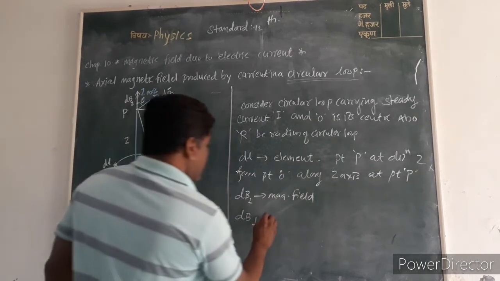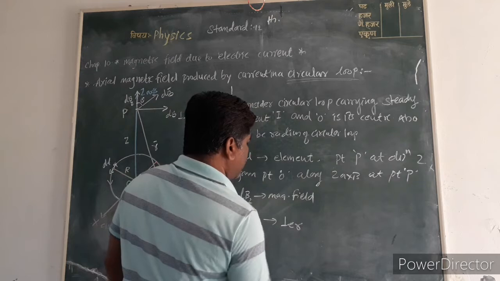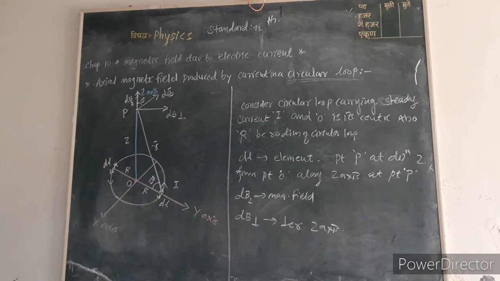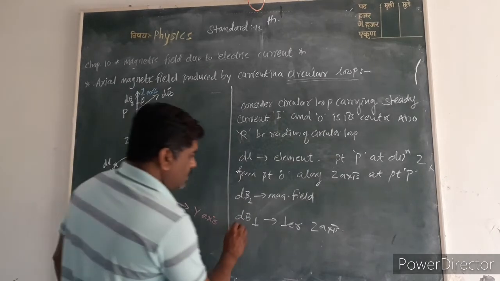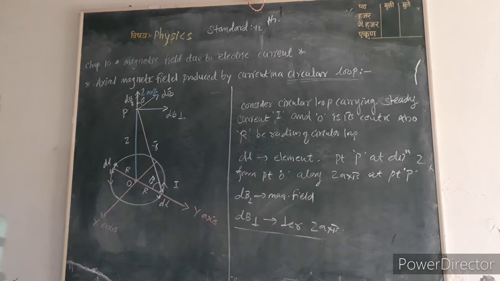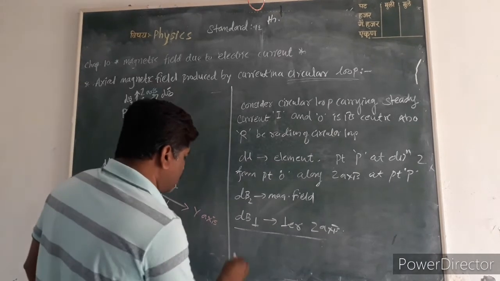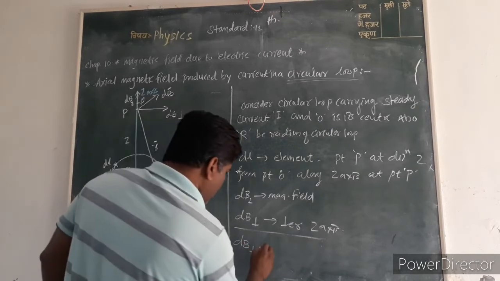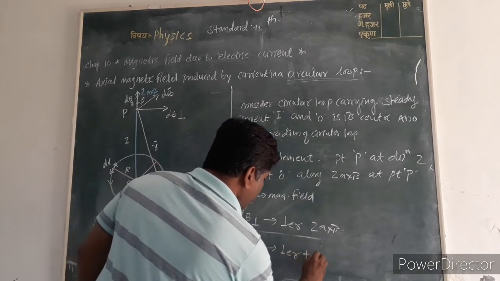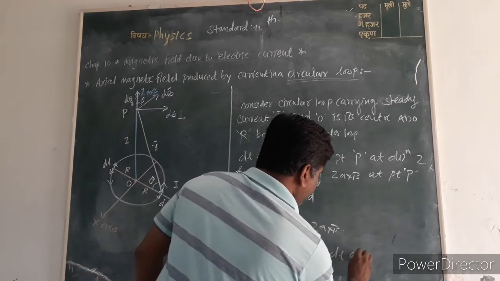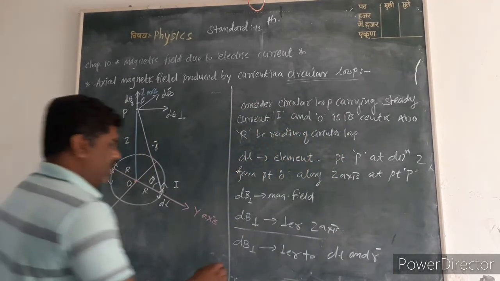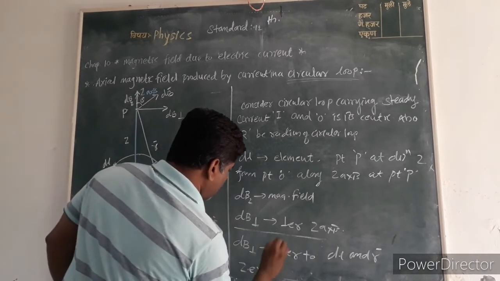But this dB perpendicular is also perpendicular to dl and r, hence the dB perpendicular components cancel and are 0.